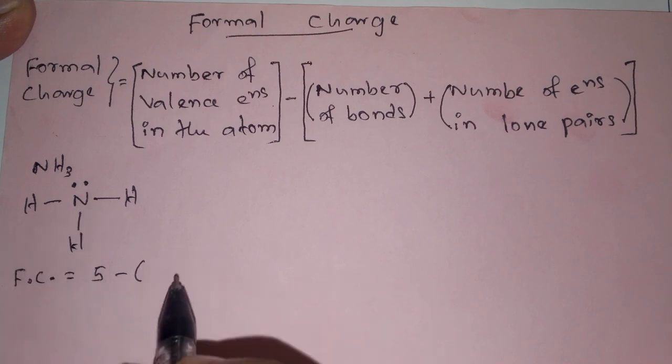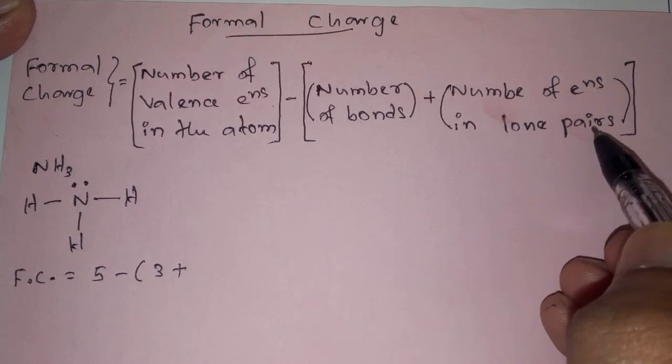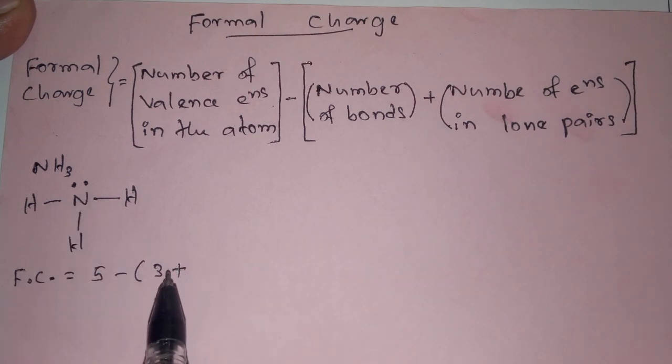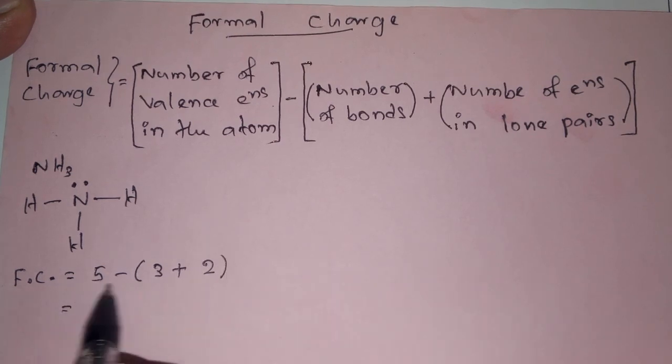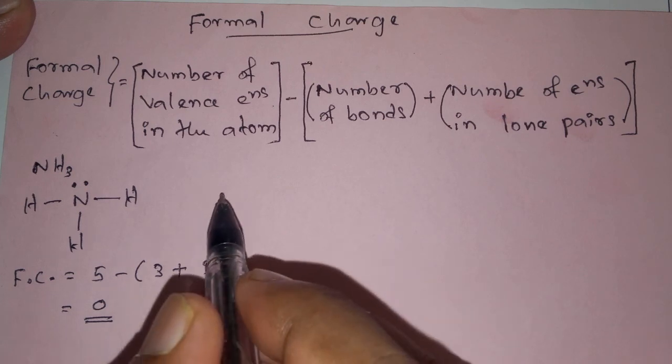It has 3 bonds, we can see, and then the number of electrons in lone pairs. The ammonia molecule has one lone electron pair, so there are 2 lone electrons. So altogether we can see it has no charge. That means in the ammonia molecule nitrogen has 0 formal charge.